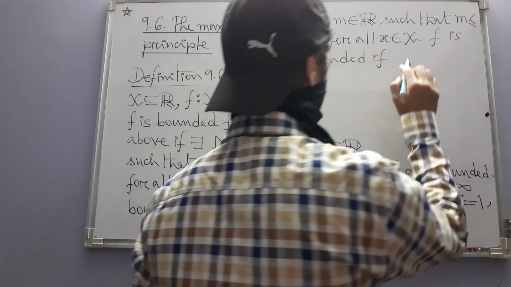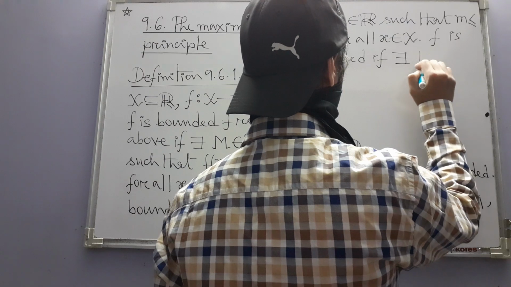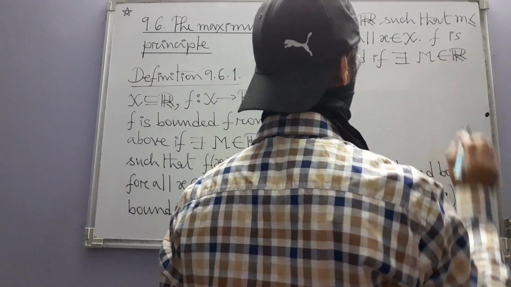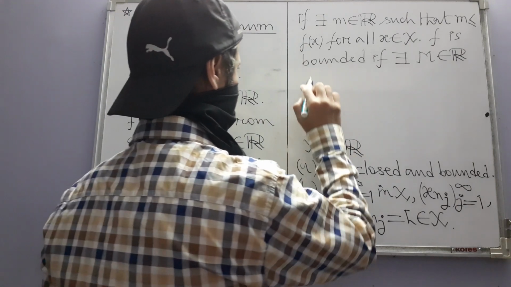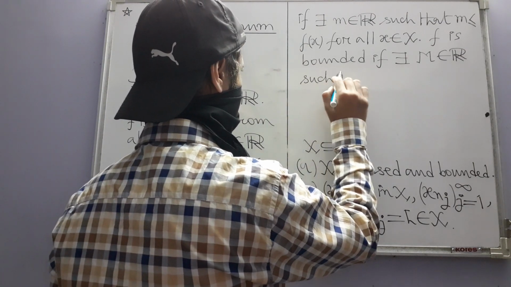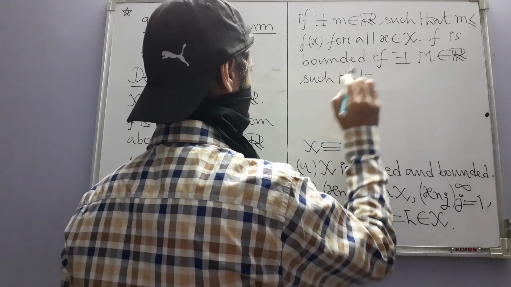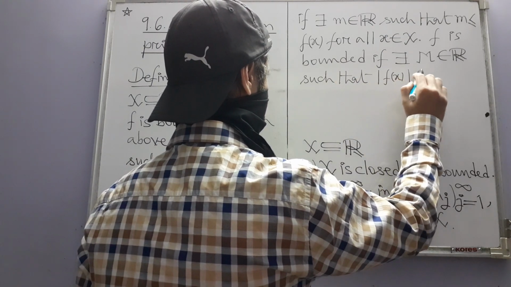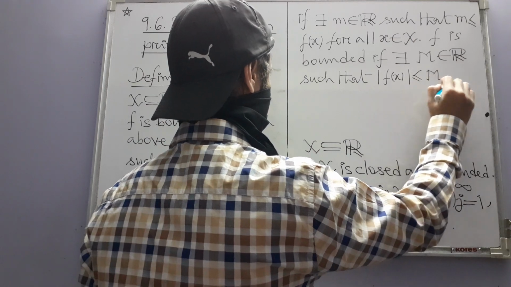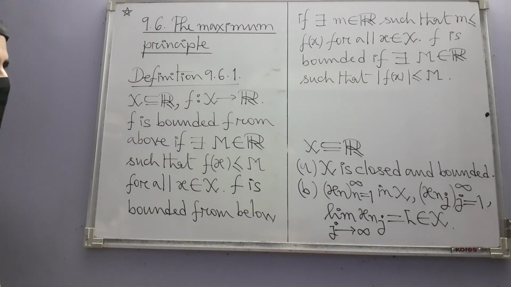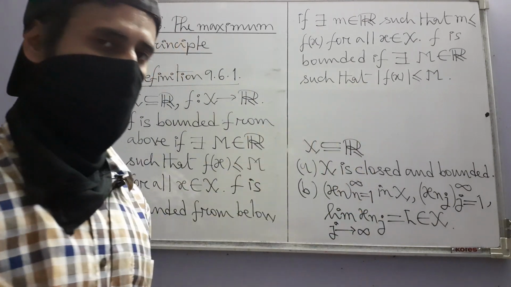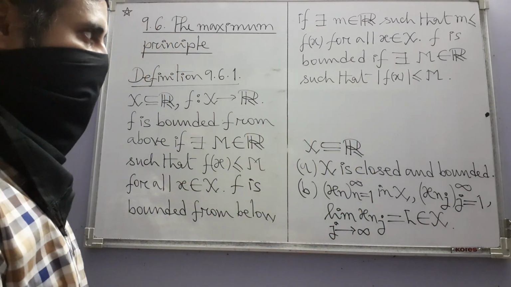if there exists, again let's denote this one also by M, like the author has done, in R such that the absolute values of all the functional values are bounded from above by M. From above, of course, because from below it's already bounded by 0.